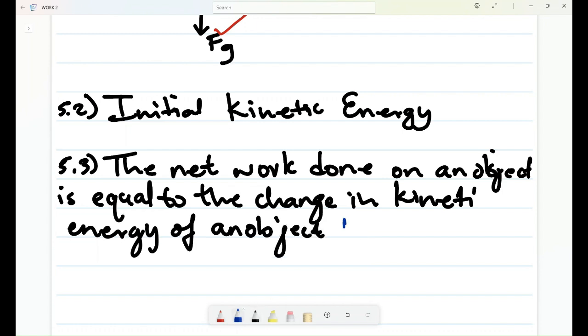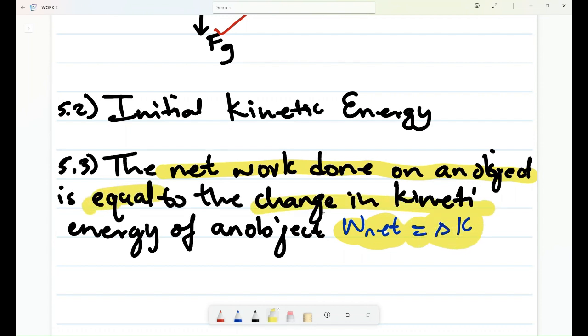Now, from the formula, W net is equal to change in K. We are saying the net work done on an object is equal to the change in kinetic energy of an object. Easy 2 marks. Easy straight 2 marks.